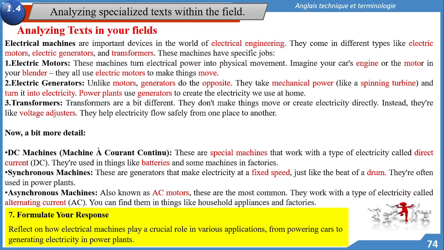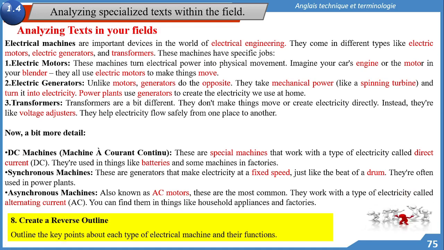So consider the significance of electrical machines in different applications like driving vehicles and producing electricity in power plants. So outline the essential points. Create a summary of the main information about each electrical machine type and what they do.